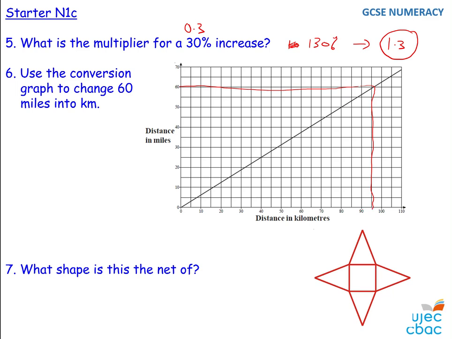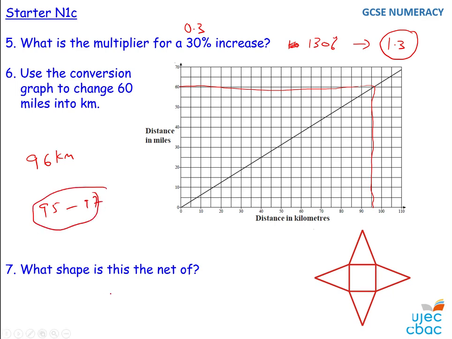So that's 90, that's 95. So it's going to be about 96 kilometers. Okay, so 96 kilometers. What will I take for that? I think I'll take anything from 95 to 97. So 95 to 97 is acceptable.